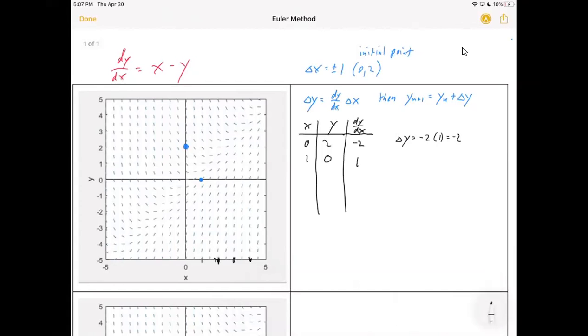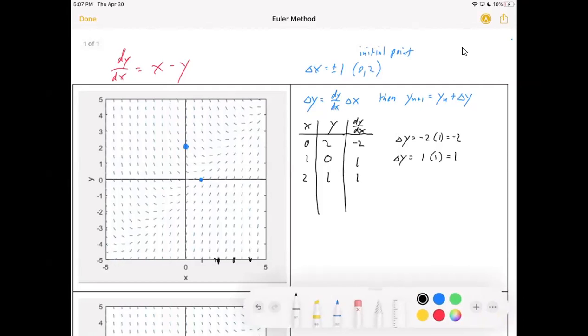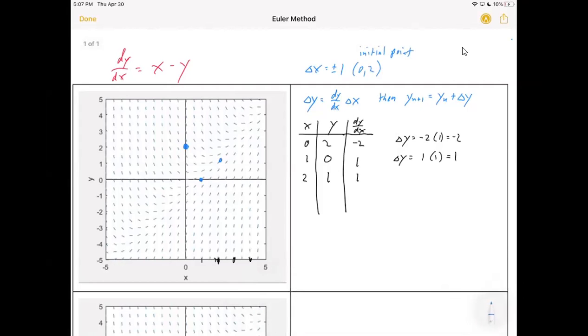So now the slope should be 1. So delta y should be 1 times delta x, which is 1. So we should go up 1. By the time x gets to 2, y should go up 1 from 0, which puts us at 1. Then we compute a new slope: that'll be 2 minus 1, which will be 1 again. We now know we're at the point (2, 1). So if I go over to where 2 is and I go up 1, that is right there.